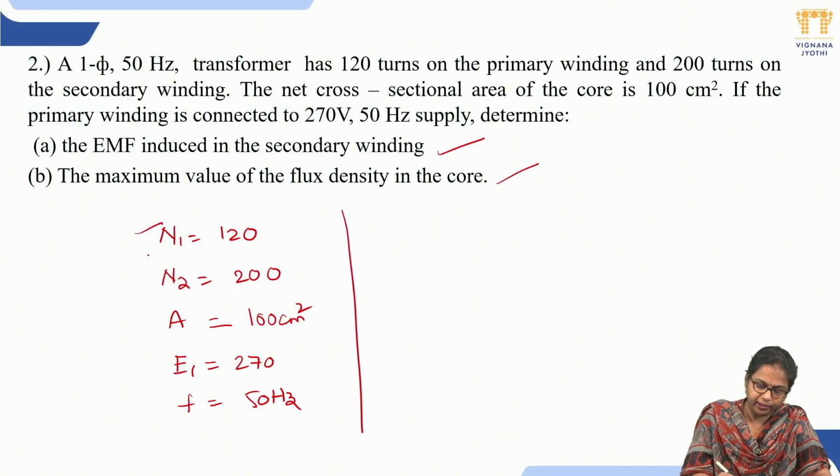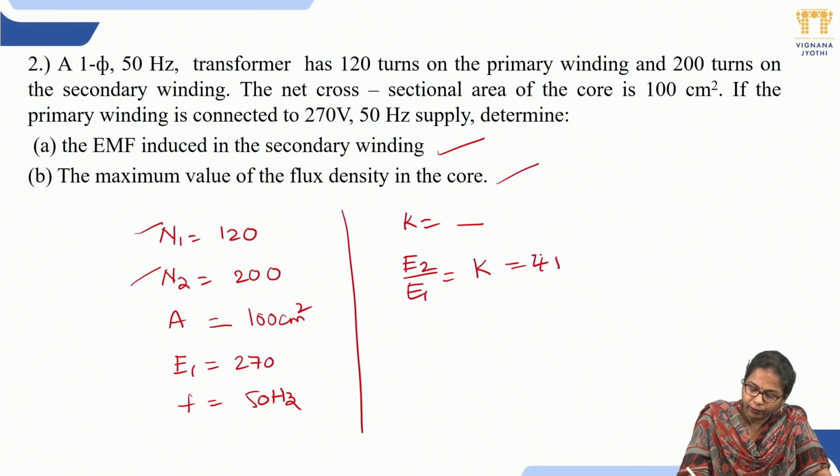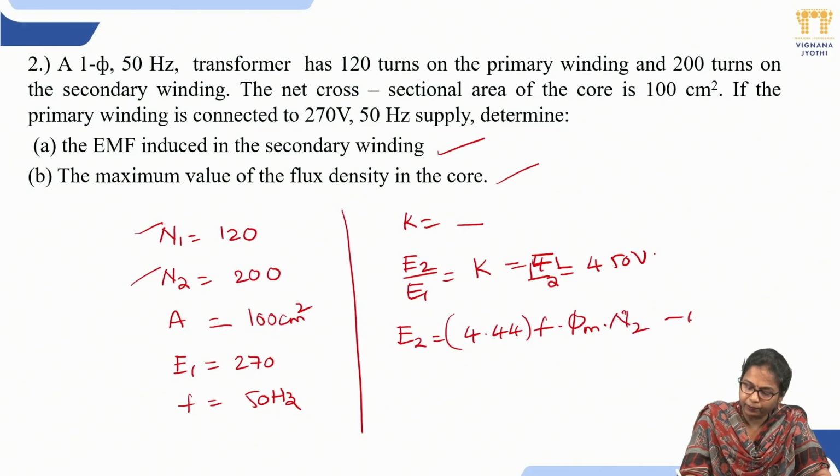So here N1 is known to you, N2 is known to you. Can't we calculate the value of K? And once K value is got, E2 by E1 is equal to K. So again using which we'll be getting E2 value as 450 volts. Then using the same thing, E2 is equal to 4.44 into frequency into flux into N2.